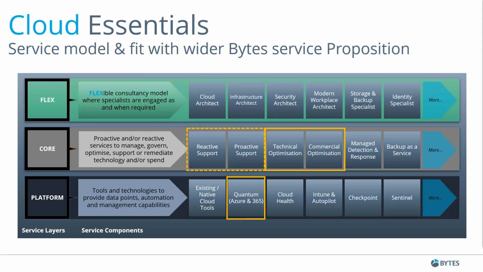So it sits as the platform level for our Cloud Essentials service, and then we have built a number of services on top of Quantum. We have an Azure flavor and a 365 flavor. I'll go through the Azure flavor in a minute. And then we have a number of services that help customers navigate through some of the complexities around, for instance, the commercial optimization, things like reserved instance and hybrid benefit.